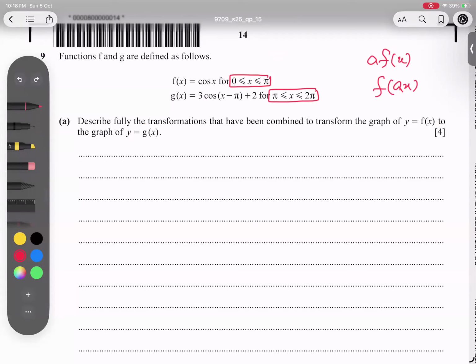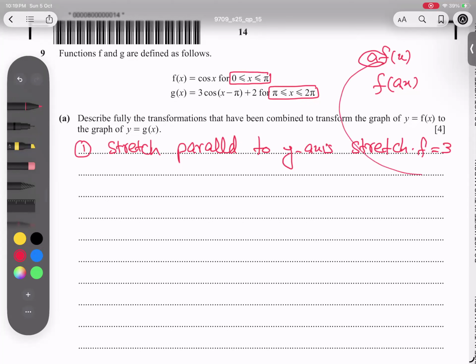We have choice number one: stretch parallel to the y-axis, and the stretch factor is equal to 3. Make sure outside remains the same, but inside we must write the reciprocal, like a becomes 1 by a. Don't forget it.